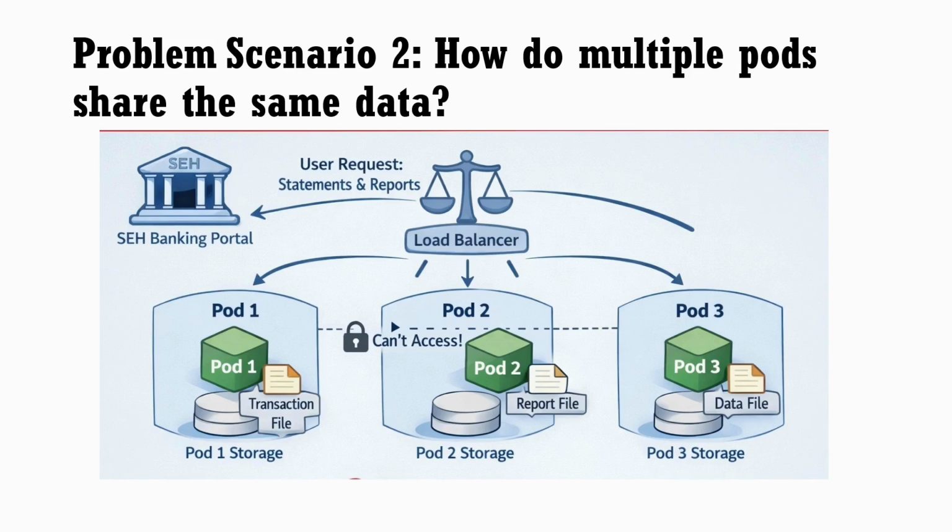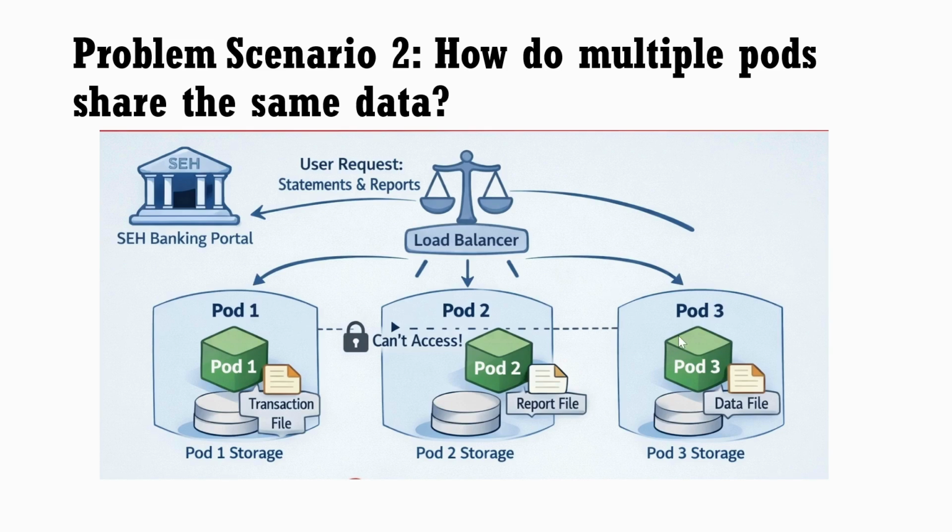So what can be the problem without volumes? Some transaction files are generated on pod 1. Some report files are generated on pod 2. Pod 2 cannot see files created by pod 1. Pod 3 also has its own isolated storage. So when a request comes, the load balancer sends it to any pod.